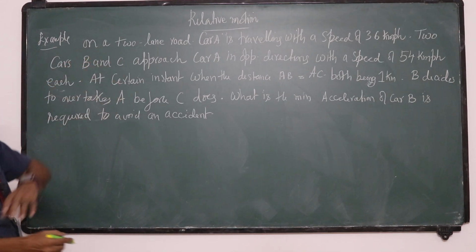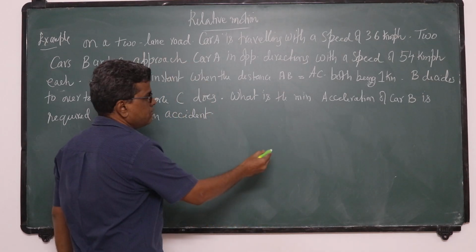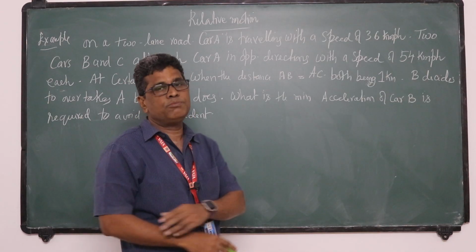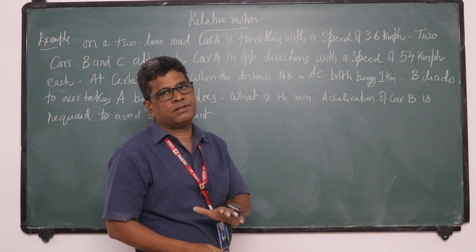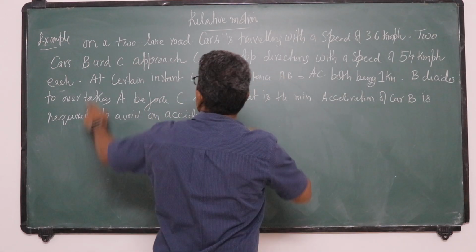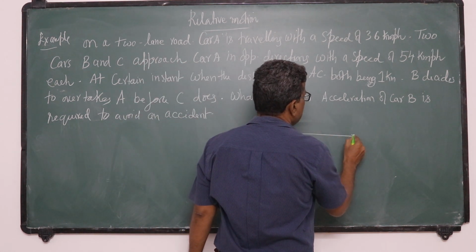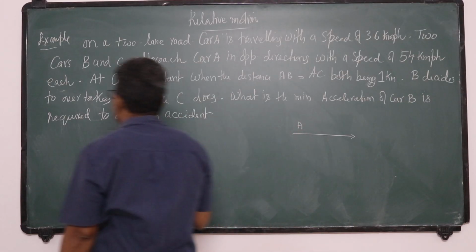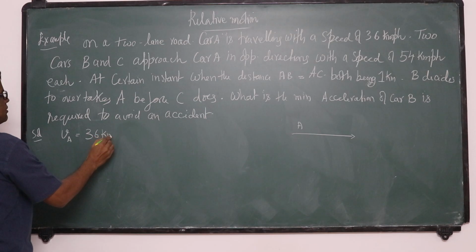So on a two-lane road, car A is traveling with a speed of 36 kilometers per hour. You first analyze the problem. What is given? This is the most important step in physics. The velocity of A is 36 kilometers per hour.